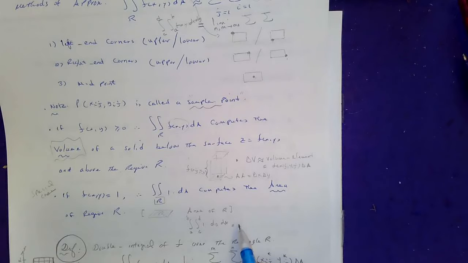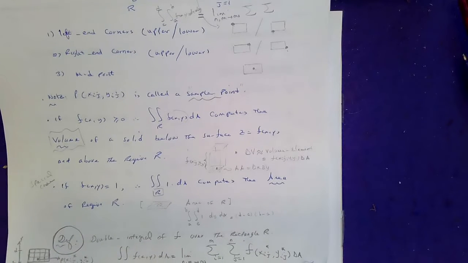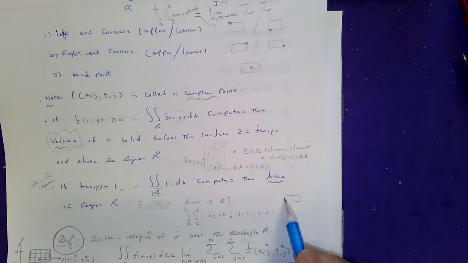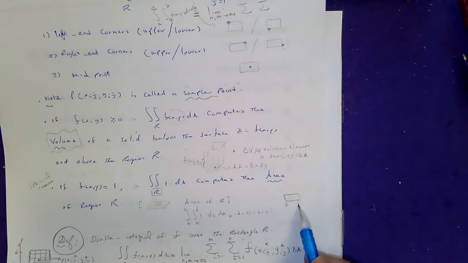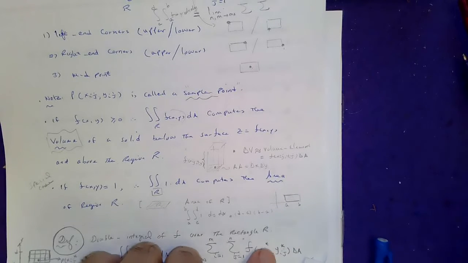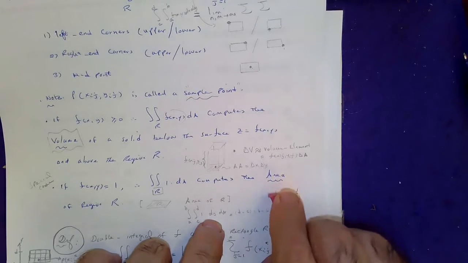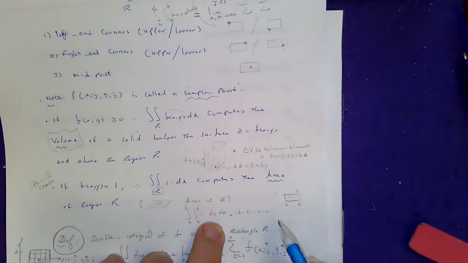So that would be the same as (d minus c) times (b minus a). And that's exactly the area of the rectangle, which goes from a to b along the x-axis, and c to d along the y-axis, something like this.